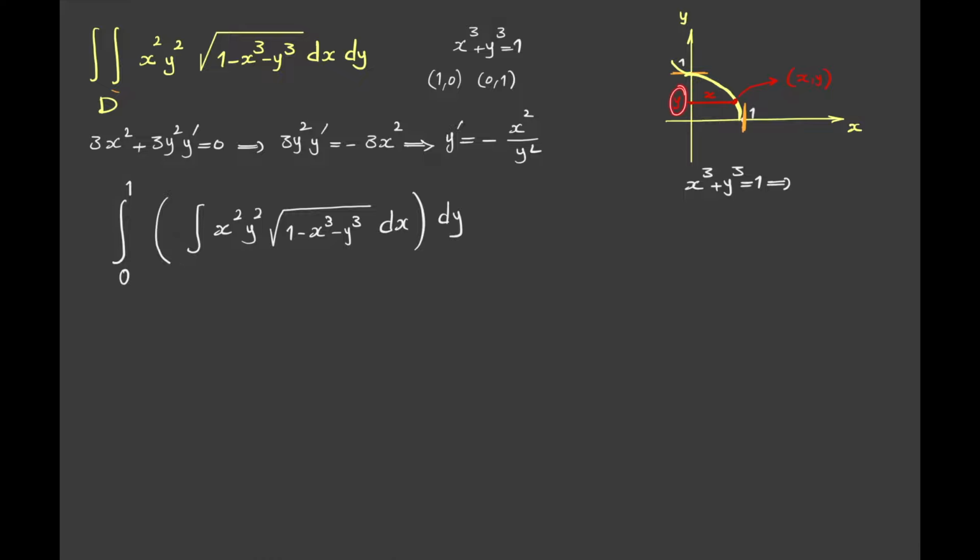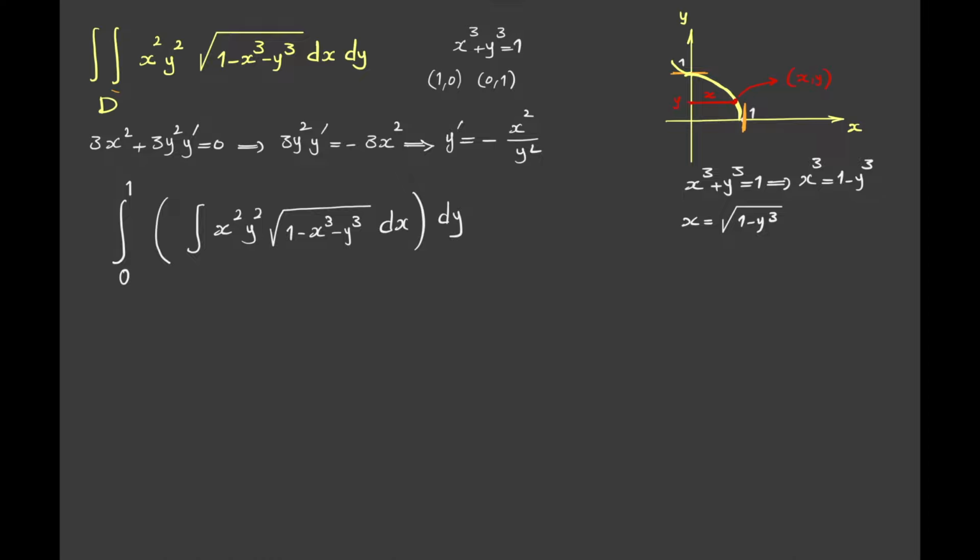I assume that y is given. This is the given y value. Then I calculate the x value. So x to the power of 3 becomes 1 minus y to the power of 3. And then x becomes the cubic root of 1 minus y cubed.